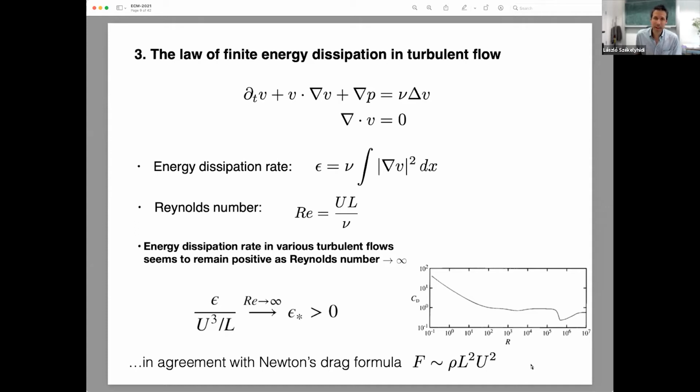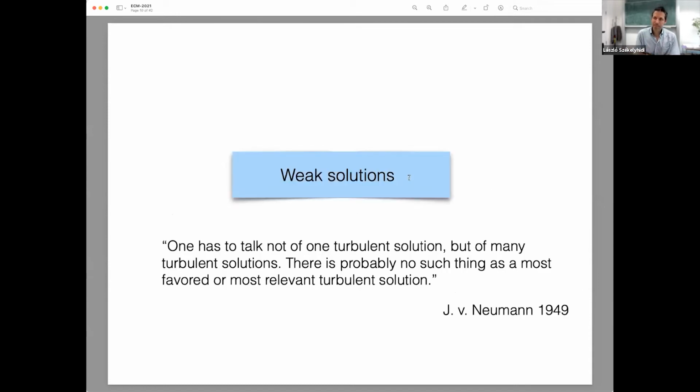So this is something that is difficult to see by just looking at the PDE, because formally, if nu is going to 0, epsilon should go to 0. Of course, you might say, well, at the same time, gradient v has to go to infinity. And that's actually the point. Okay, so now I want to talk a bit about weak solutions, because they have different properties from strong solutions.